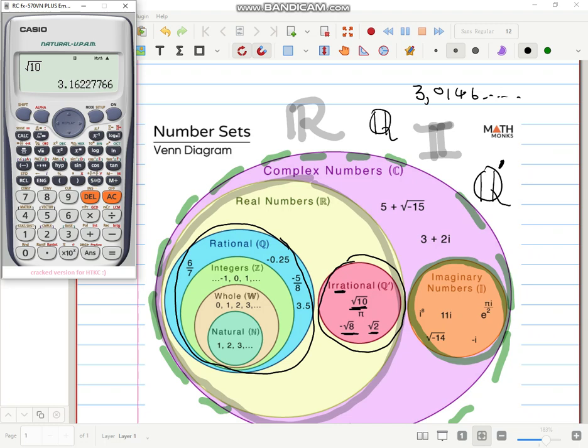Then you see you get 3,16 and so on and so on. All the irrational numbers are categorized by this type of expression, that's how they look. Like for example, your pi is 3,14 something.